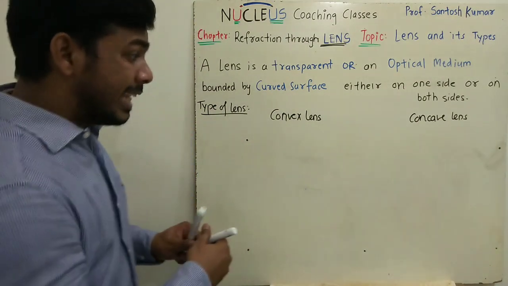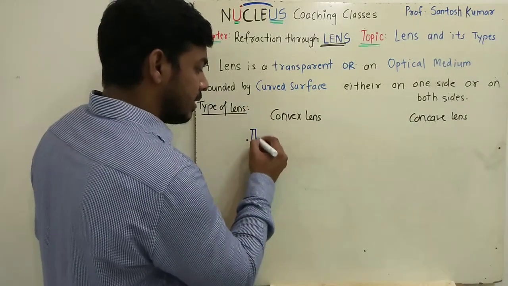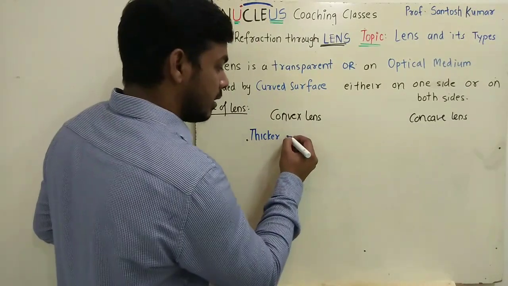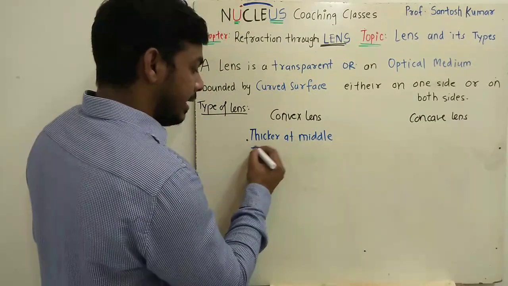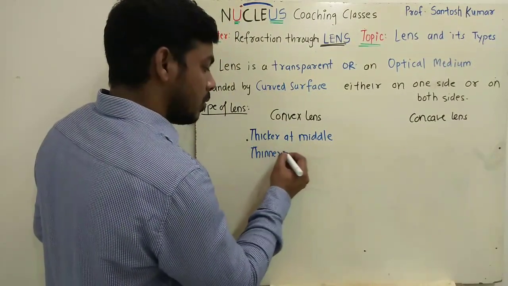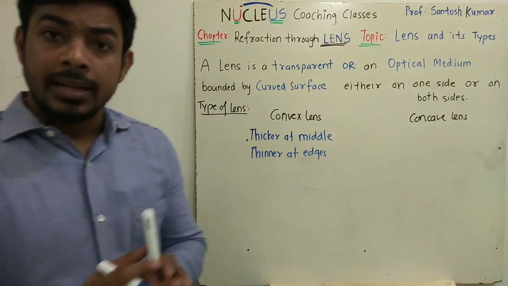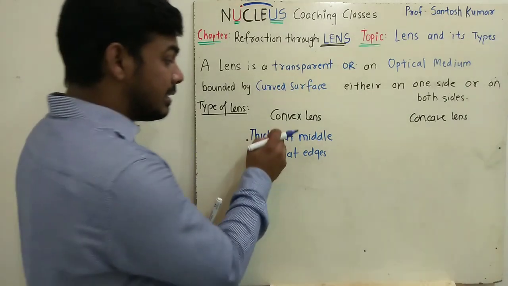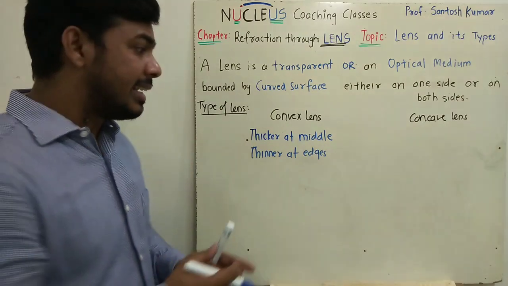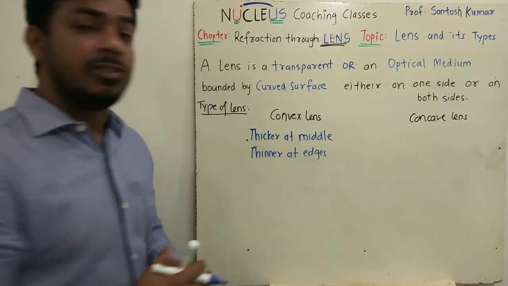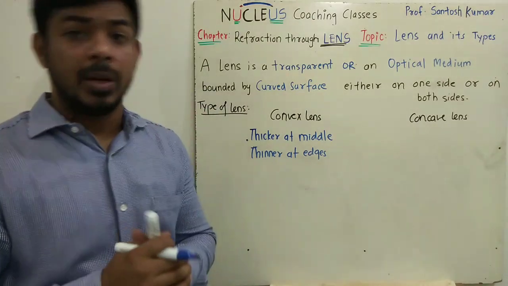If I talk about convex lens, these lenses are thicker or broader at the middle and thinner, or you can say narrow, at the edges. So if you have a lens and you find that it is thicker or broader at the middle and thinner or narrow at the edges, then definitely that lens will be a convex lens, and such lenses are used to converge a beam of ray.